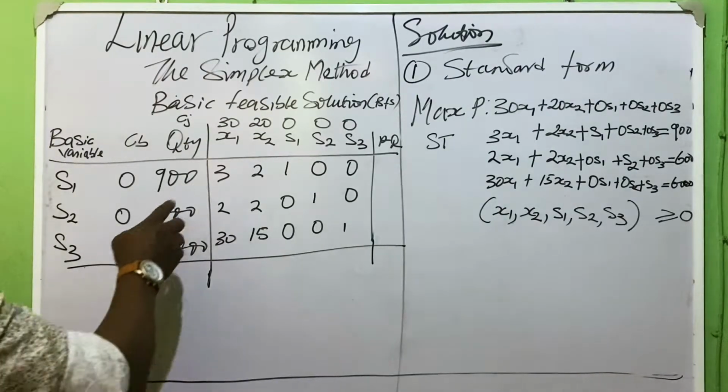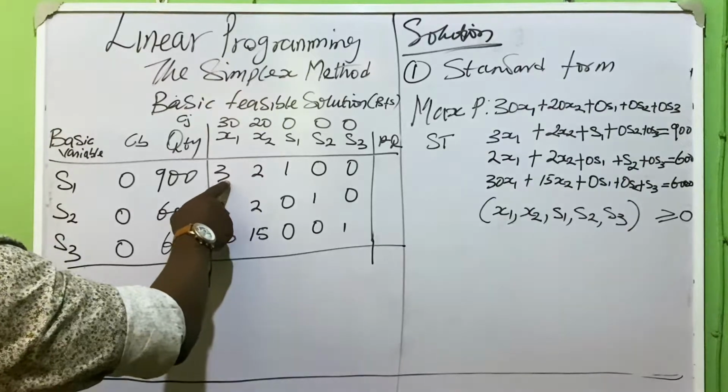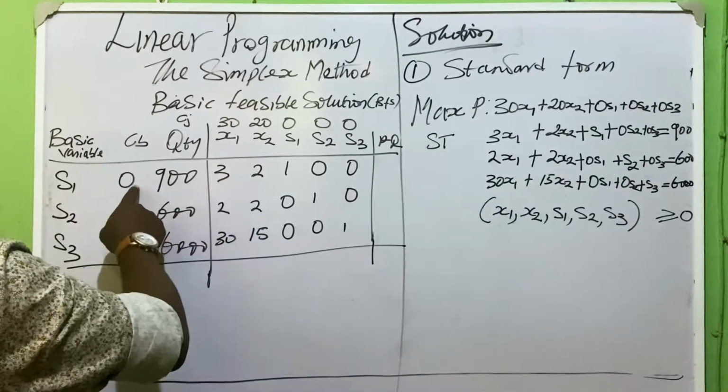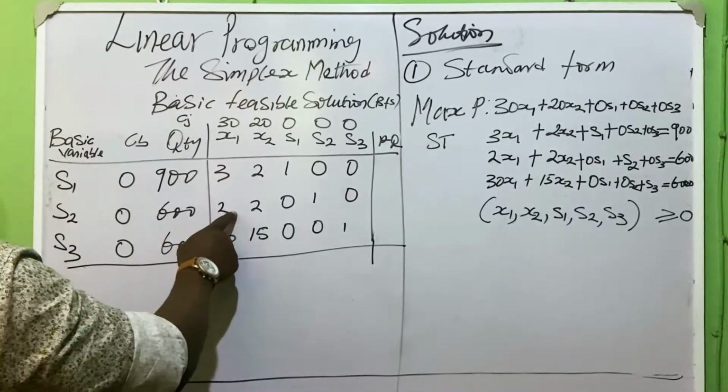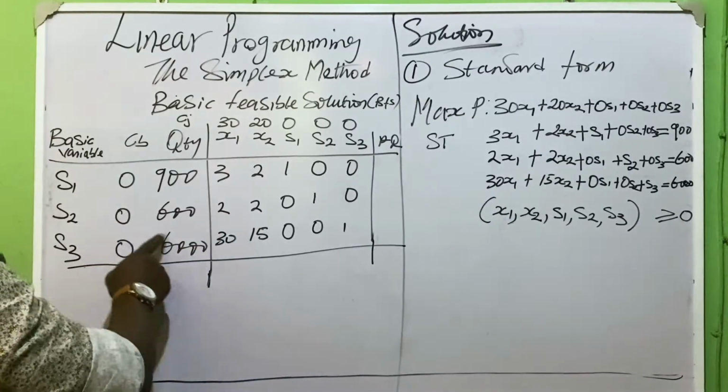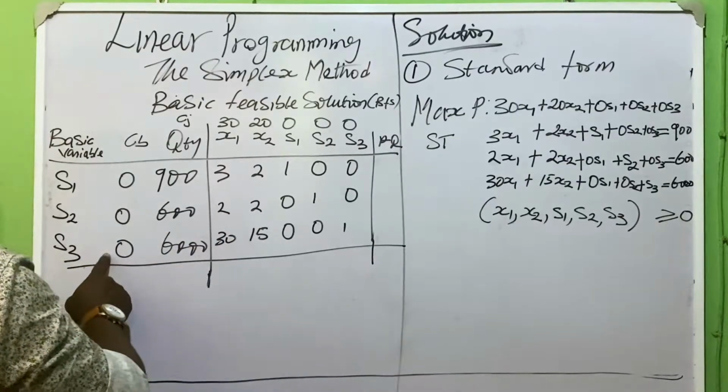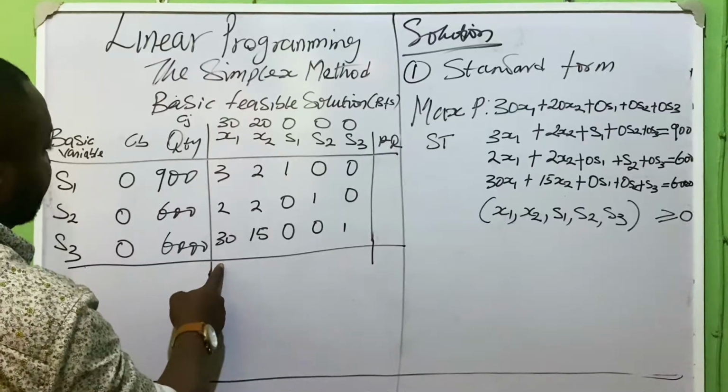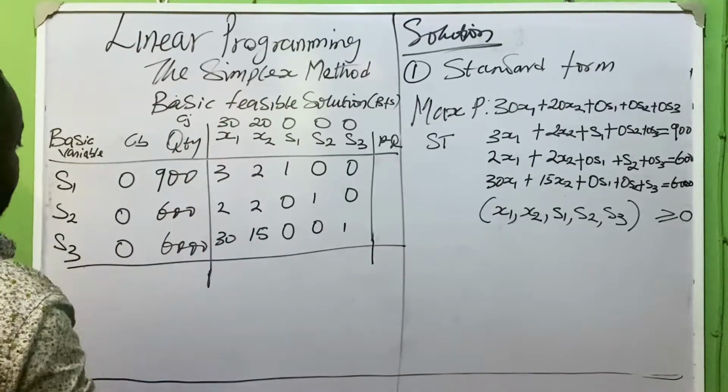Very simple. For the input-output ratios, it will be 3 multiplied by the contribution plus 2 multiplied by the contribution plus 30 multiplied by the contribution. That will give me the ZJ value for x1.